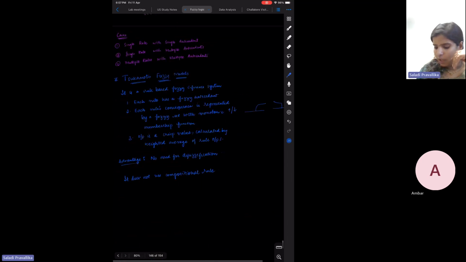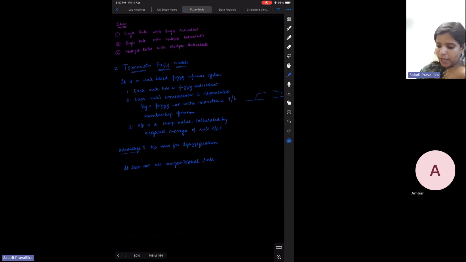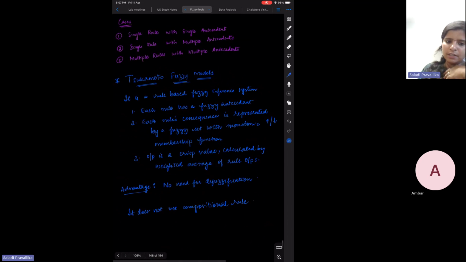Okay, so that's with the Larsen fuzzy model, and the next one we have is the Tsukamoto fuzzy model.